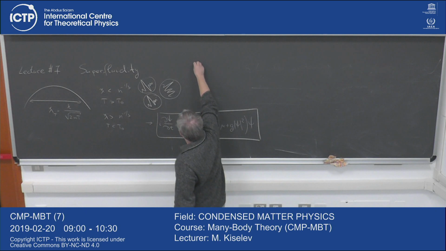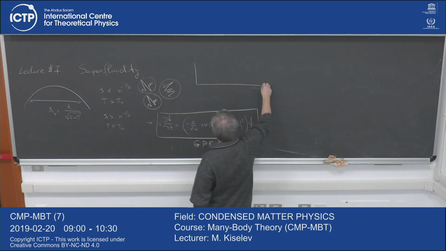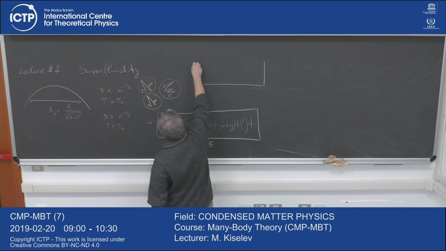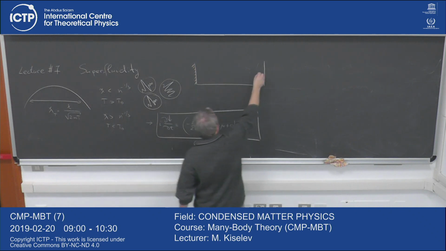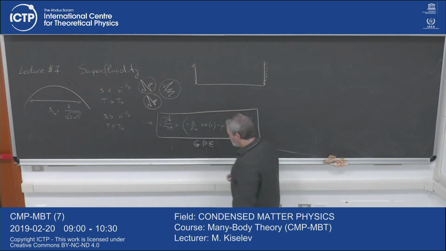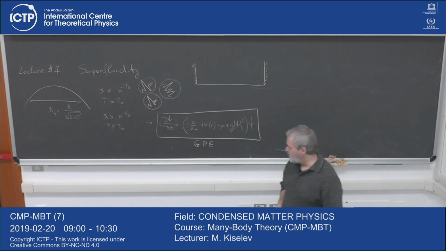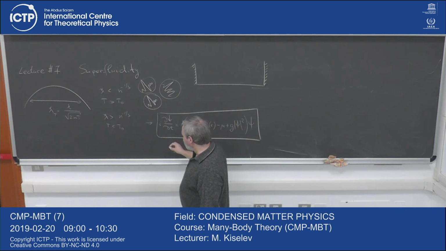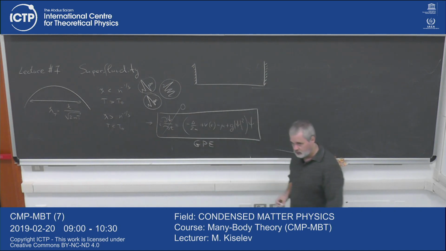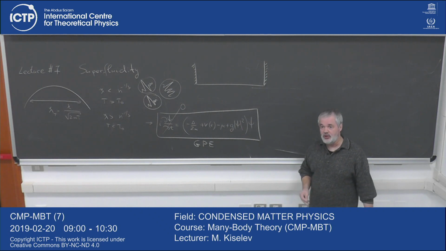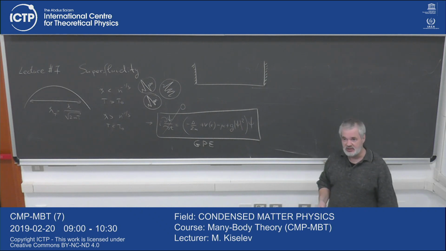So we assume now that we have a very, very large box with infinite walls. And of course, we are looking for a stationary solution. Namely, we say that our wave function doesn't depend on t, so the time derivative is 0. And we are looking for a homogeneous solution, which says that the wave function does not depend on coordinate.